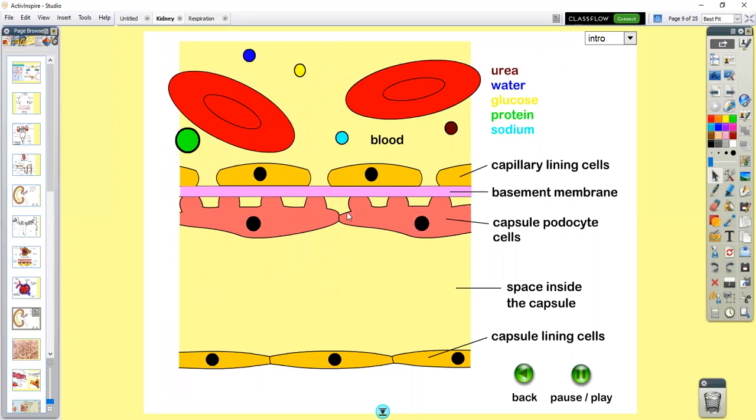We'll take a look at the structure at the moment. You can see here the different substances, urea, water, and glucose, protein, sodiums. The only substance which stays within the blood are the larger proteins. Okay, everything else will pass down into the filtrate, and we'll see how that happens in a moment.